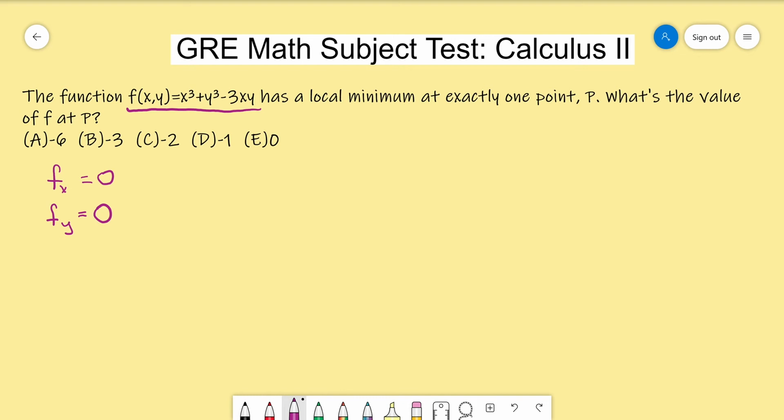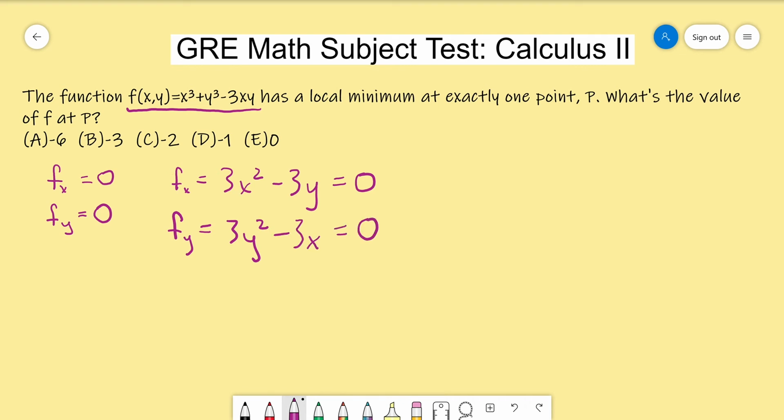So fx is equal to 3x squared minus 3y, and this has to equal 0, and fy is equal to 3y squared minus 3x, and this also has to equal 0.